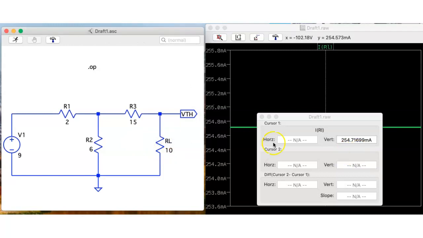Here you can see the value of the load current in this resistance.